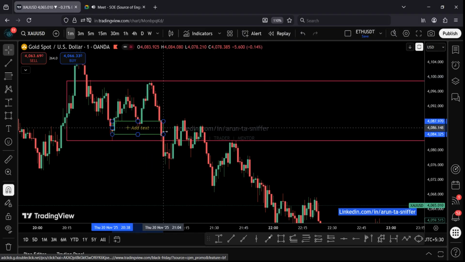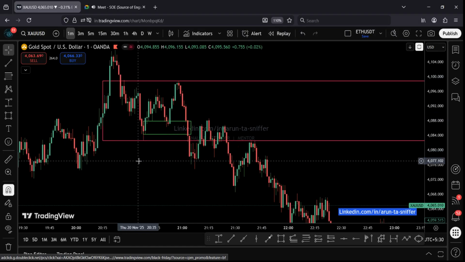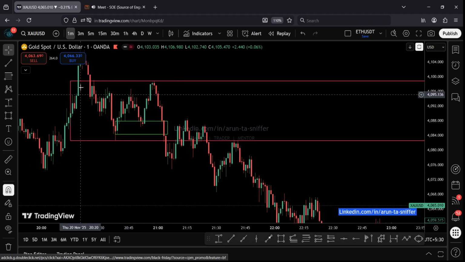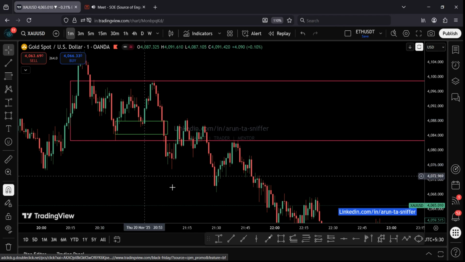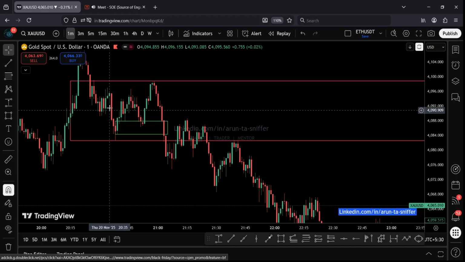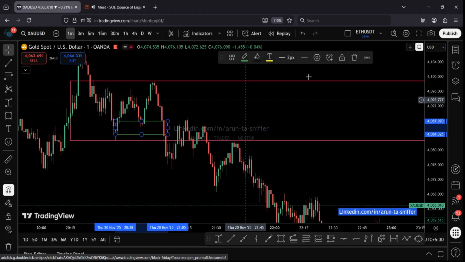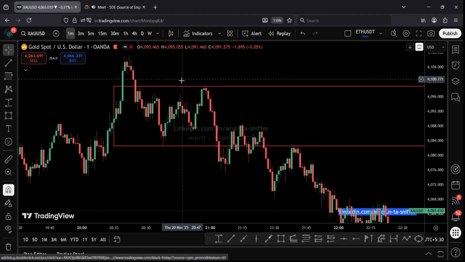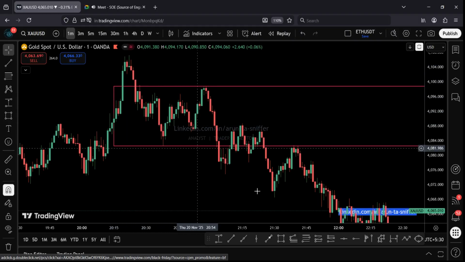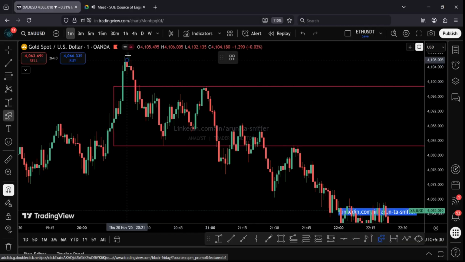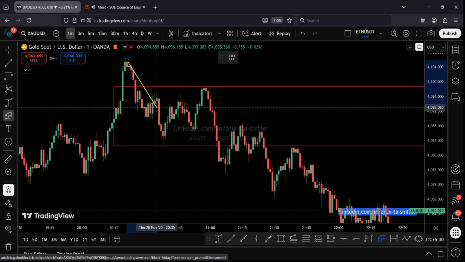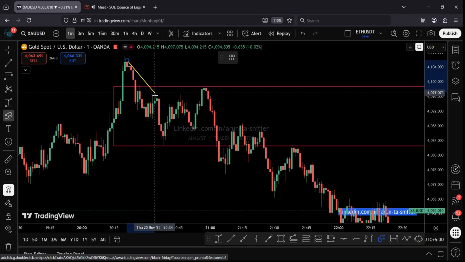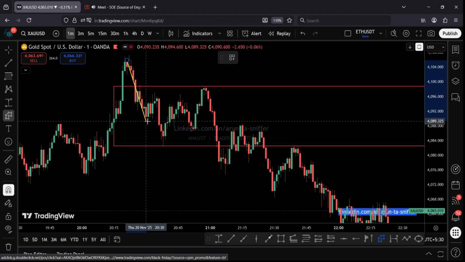Then we have another one like this here. What happened here? Let's delete this, otherwise we'll confuse. So let's start from here. Came down, goes up. This goes up above this zone, so we will not consider this pullback. We will take only this pullback as this did not go back above the zone.